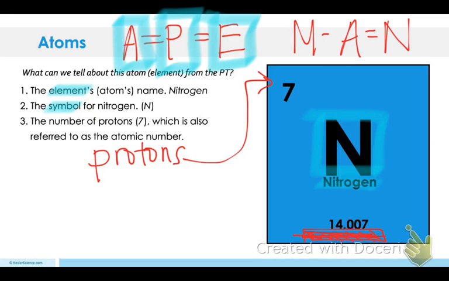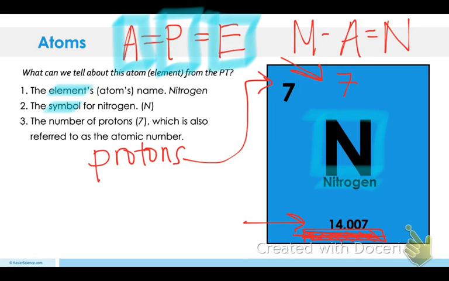But just try your best to remember that 14 is the mass. Sometimes you'll see that the atomic number is going to be in the middle, so a way to help me remember that is a jersey number is always going to be in the center of someone's shirt. So atomic number is going to be that number in the middle, and the atomic mass is always going to be kind of a decimal.